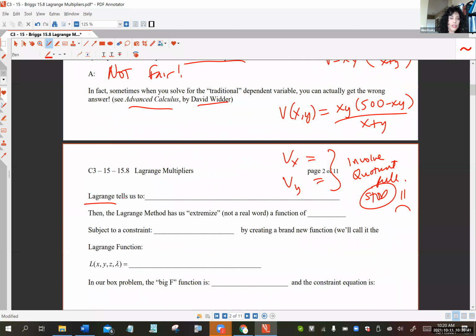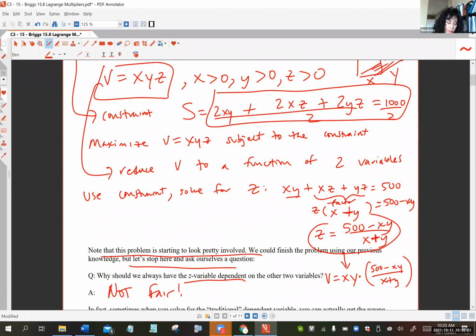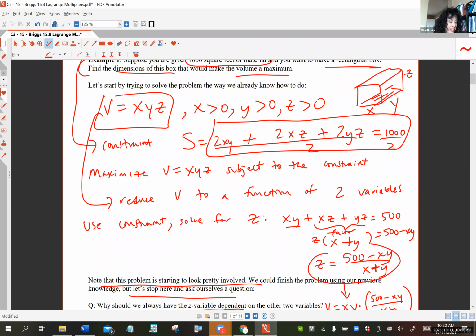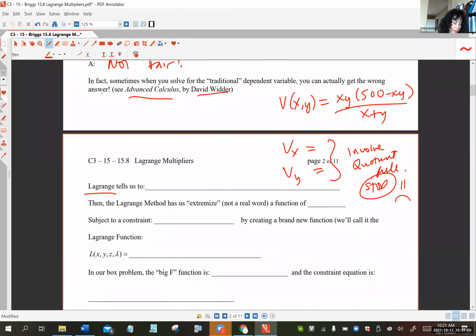So what does Lagrange do? Lagrange is the guy who came up with this Lagrange method. He tells us, hey, instead of trying to reduce this volume to a function of 2 variables, no. Keep the volume as a function of 3 variables, because it's fine. And you're going to introduce a brand new variable into the whole conversation. What?